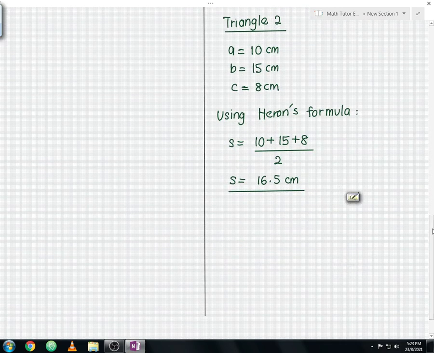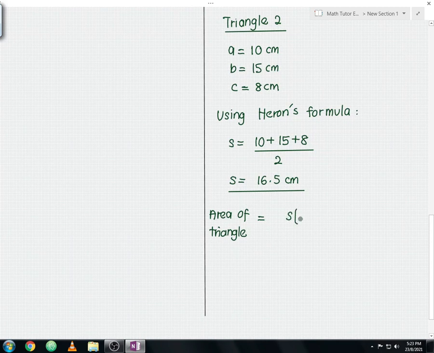So to find the area of the triangle, it will be equal to, let me write the formula over here.